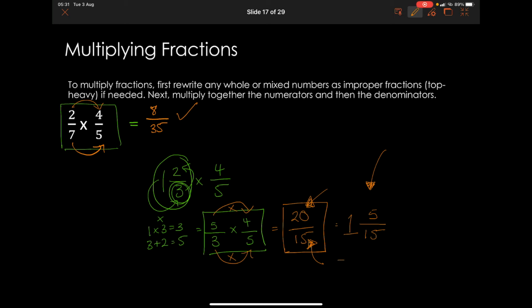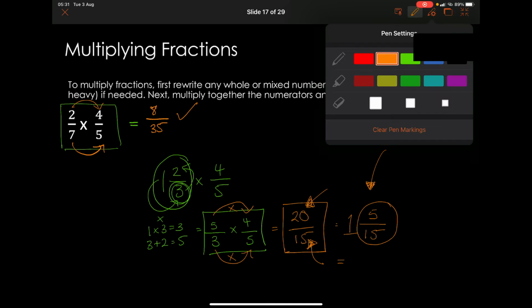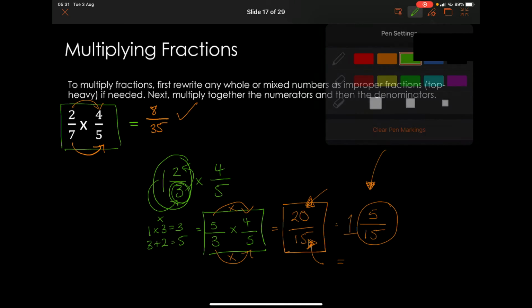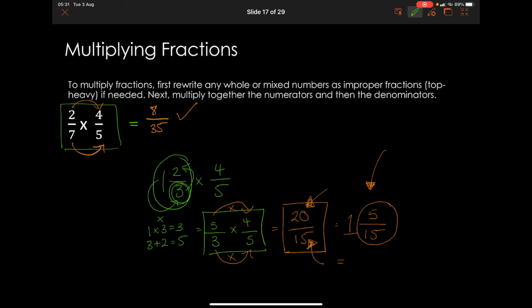The only other thing you could do here, because you've got 5 out of 15 as your little remainder, you could simplify that. How would you simplify it? We would put it into its simplest form. And again, we've done that already today. You need to just think of a number that goes into both 5 and 15.